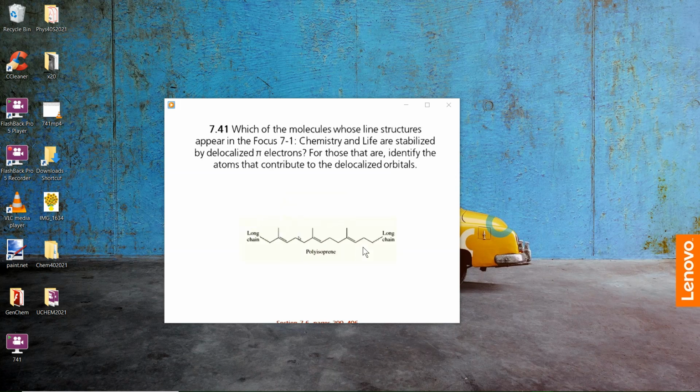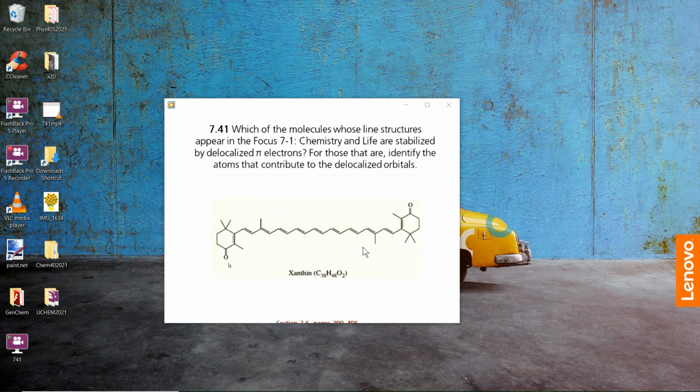Polyisoprene, that looks like it might be good. We've got double, single, oh, but we've got two singles and then a double. So that one isn't going to work. Forget about that one. Do we have another one after that? Xanthan. Oh, xanthan, that's good.